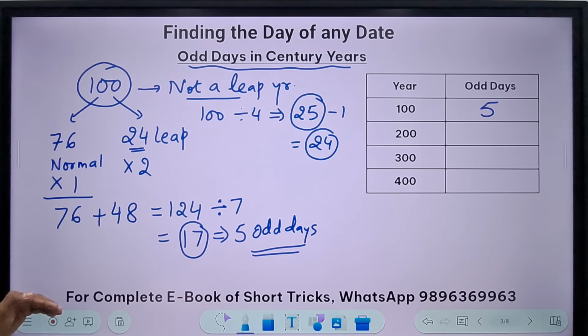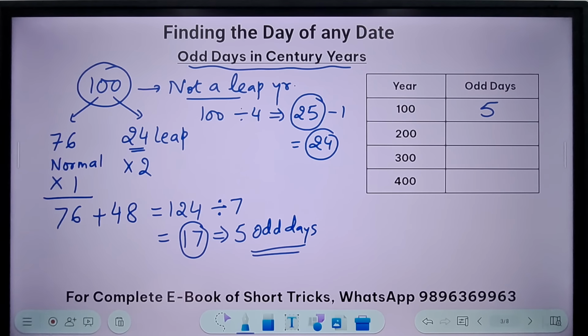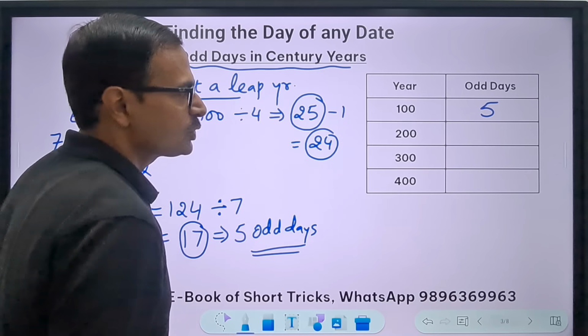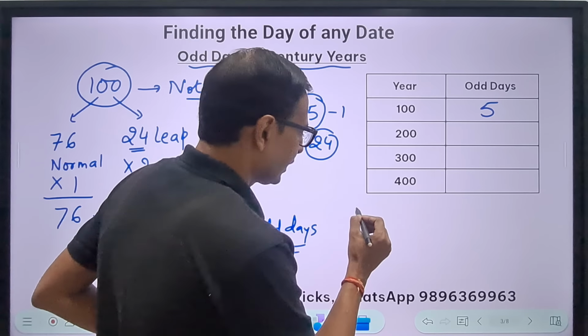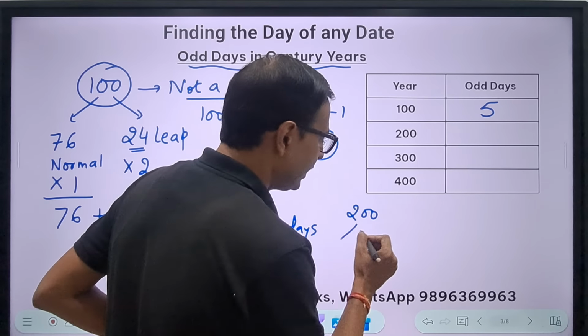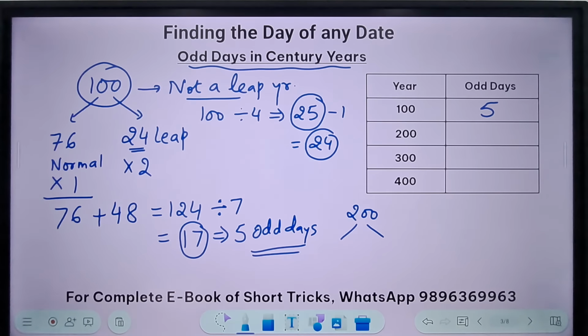Now we can work like this and find out how many odd days are there in 200 years. 200 is to be split into normal years and leap years. So how many normal years are there and how many leap years are there?